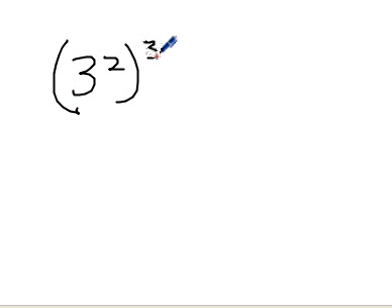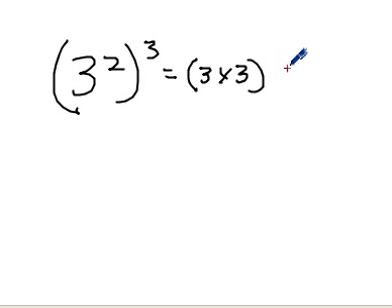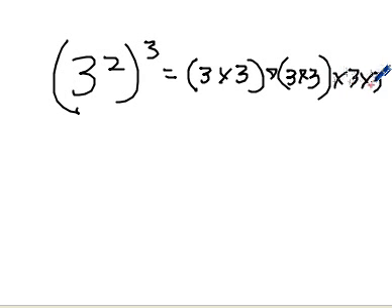Now when you have a power raised to a power, let's take a look at that for a minute. So we've got 3 squared raised to the power 3. If we put this in expanded form, what this really means is 3 times 3 times 3 times 3 times 3 times 3. So we've got 3 squared, which is 3 times 3, and we've got it 3 times.